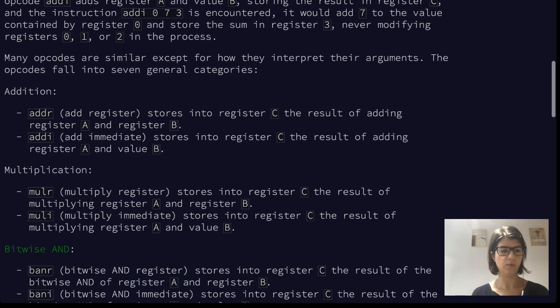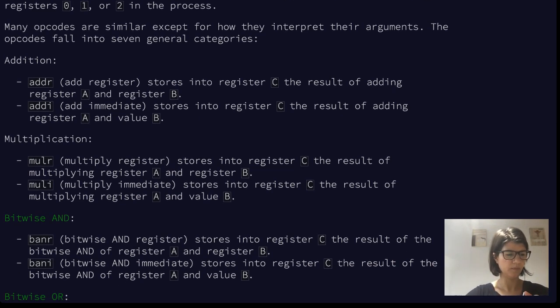Multiplication: mulr and muli, which store into C the result of multiplying those two registers or multiplying the register and the value. So addi is the register plus the immediate, okay?